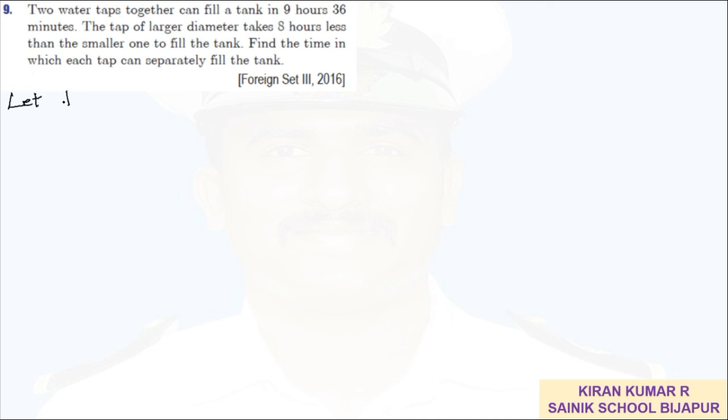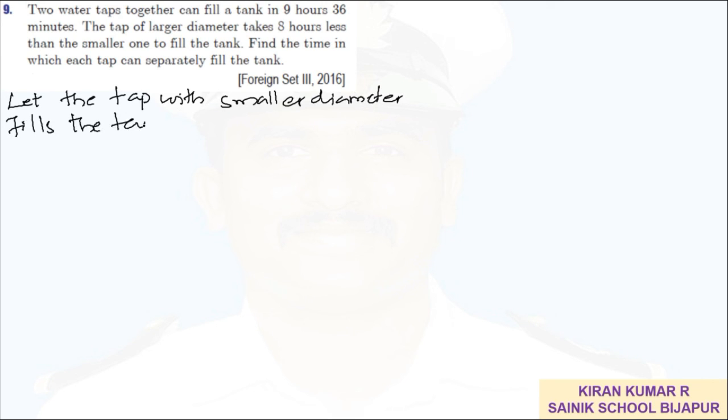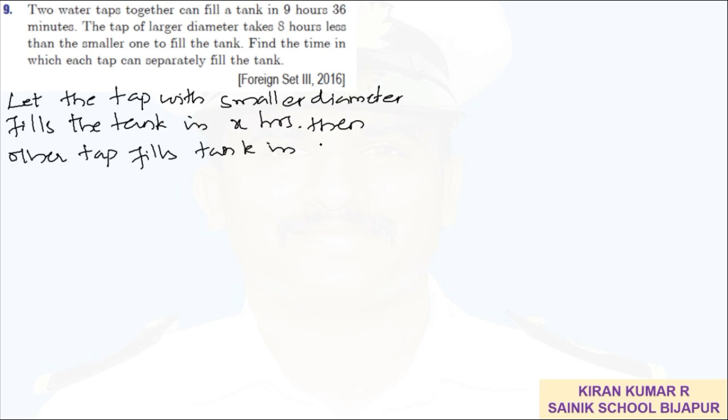Let the tap with smaller diameter fill the tank in x hours. Then the other tap, which is a larger diameter, fills the tank in x minus 8 hours.